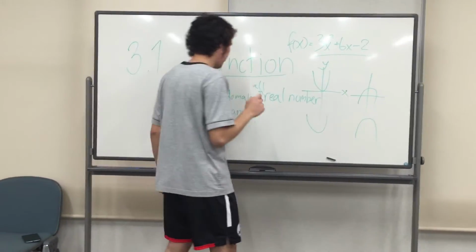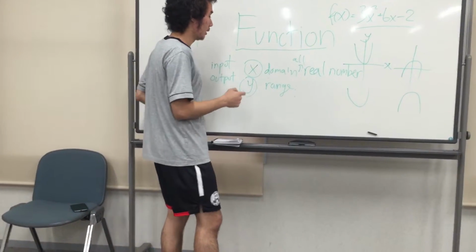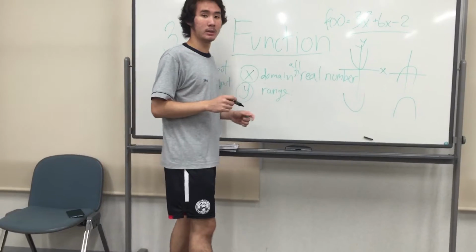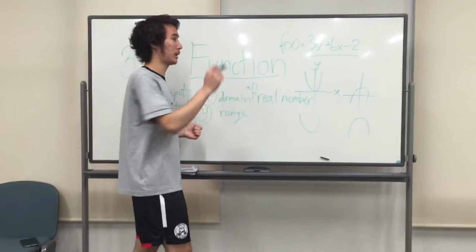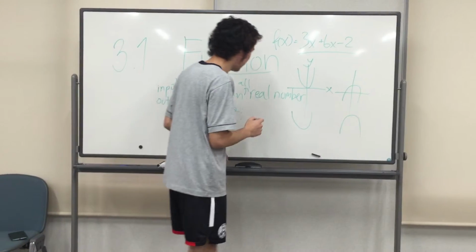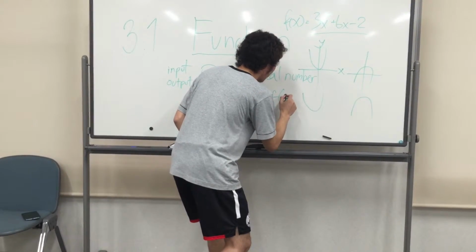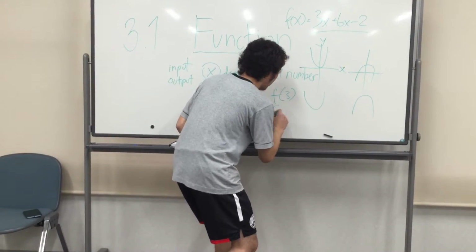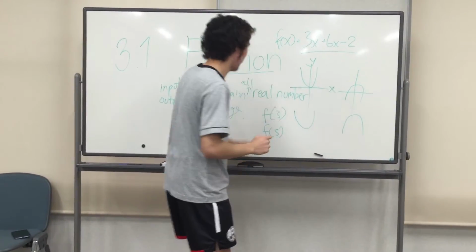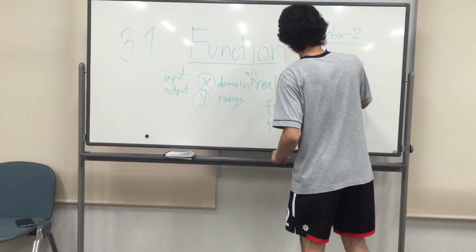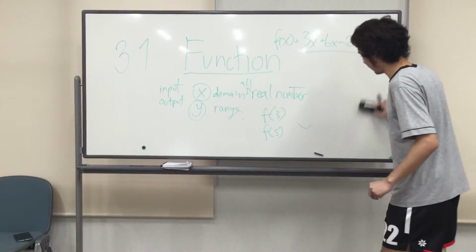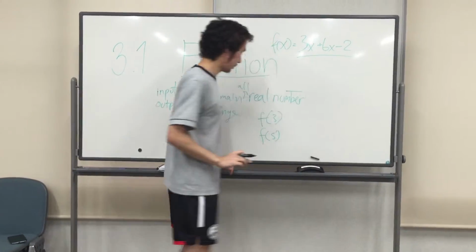So next we're going to find the range. All real numbers can be put in this function and it makes it a function. So let's make it fast. 3, 5. Okay, so we have this thing. Let's make it like this.